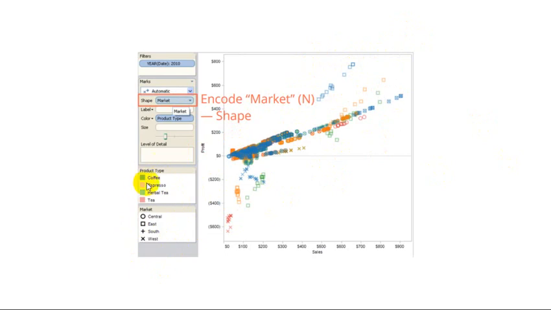This is saying product type is coffee. Sorry about that. Oh, shape, sorry, I totally lied. Shape is the market and the product type is coffee. So something is going on with coffee in the East market that's different than what's going on with the rest of the company. And then we could also ask what's going on in the West with tea, because it's in its own little group down here. Yeah, sorry for that confusion.